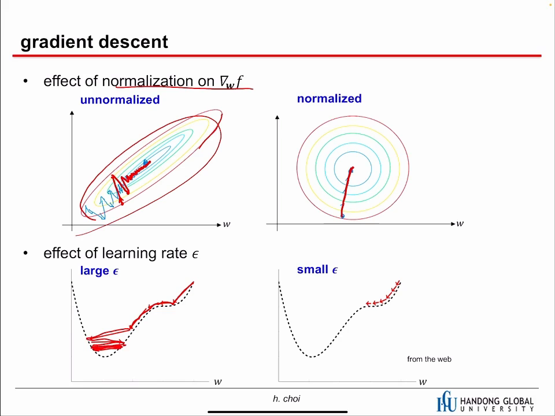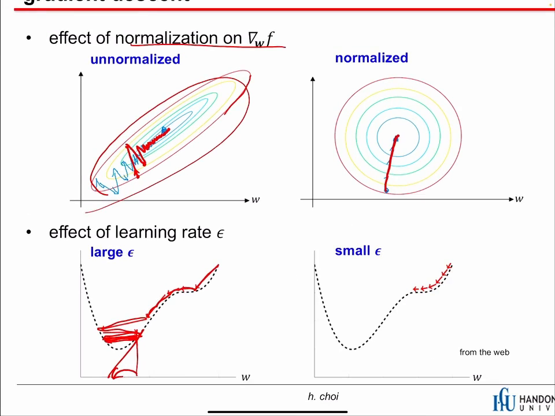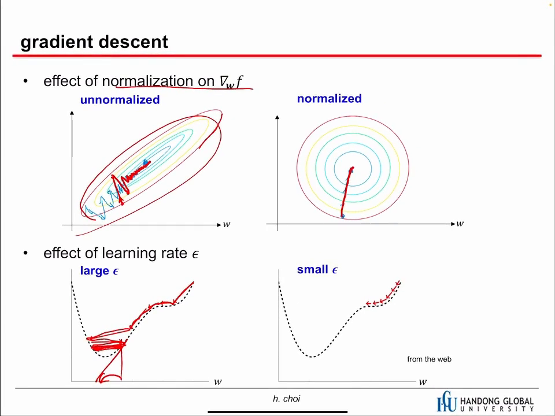Then when we are here, when we take a gradient, then we should move to the left side. Then the learning size is large, so we take a large step here. Then when we take a gradient, we should move to the right side, and learning rate is large, so we move back and forth, and we cannot converge to this point. So that's the problem of a large rate.